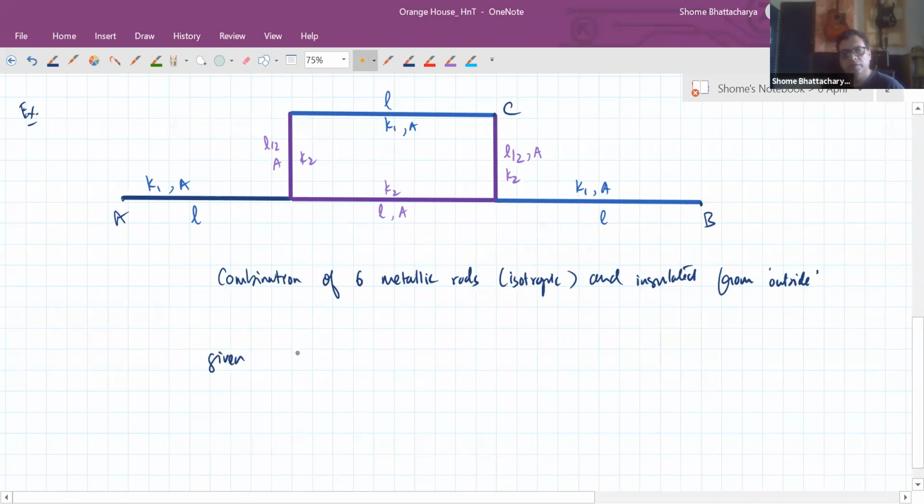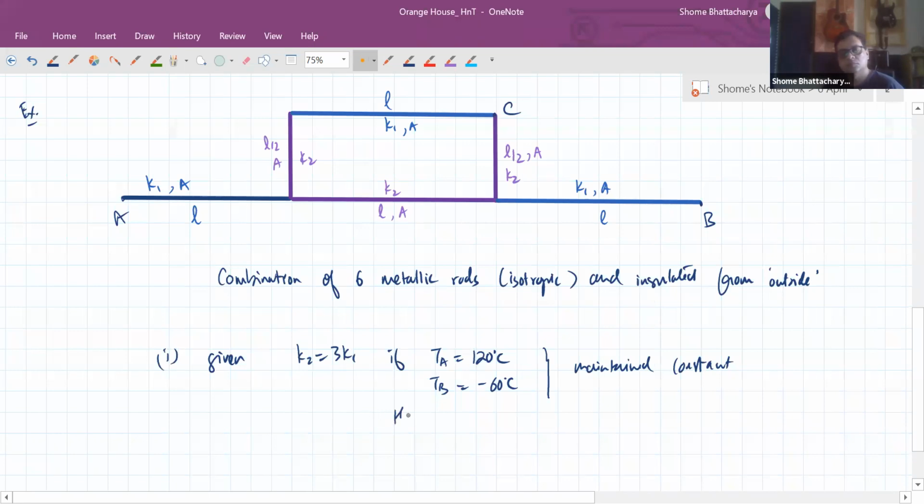So given that K2 is equal to 3 times K1, if temperature at A is maintained constant at 120 degrees C and temperature at B is maintained constant at minus 60 degrees C, then find temperature at C at steady state.